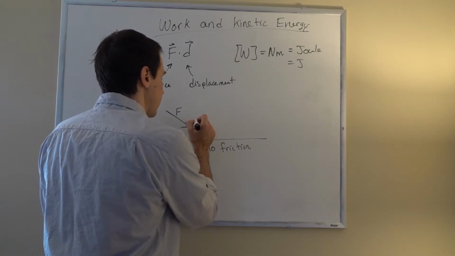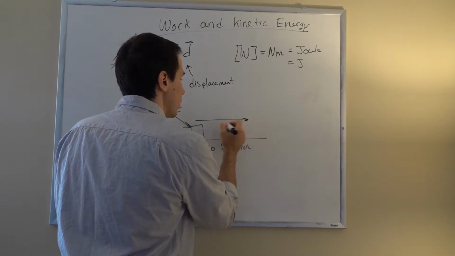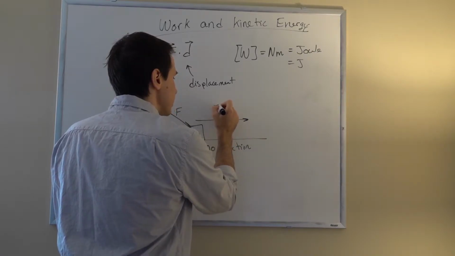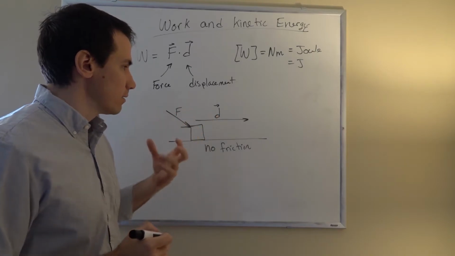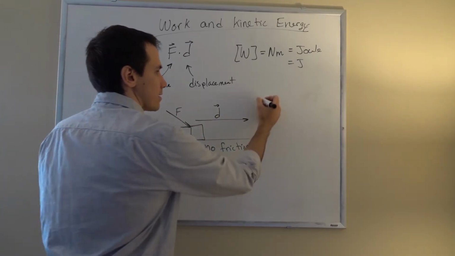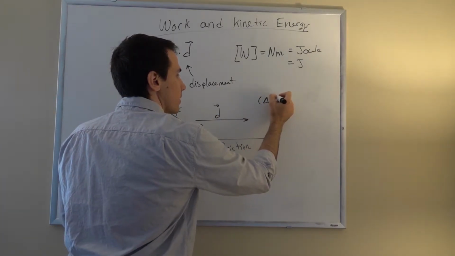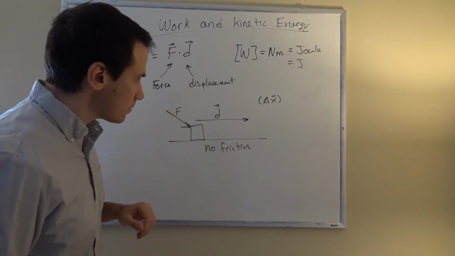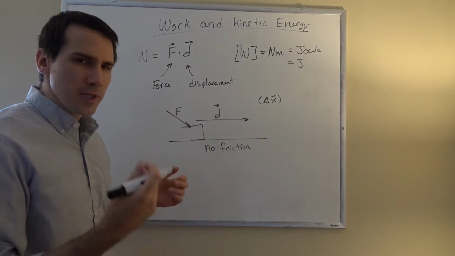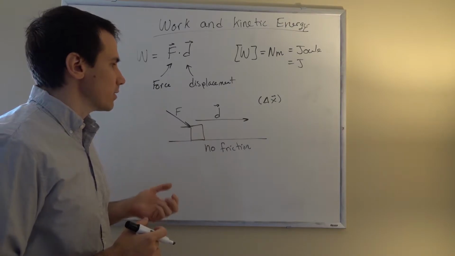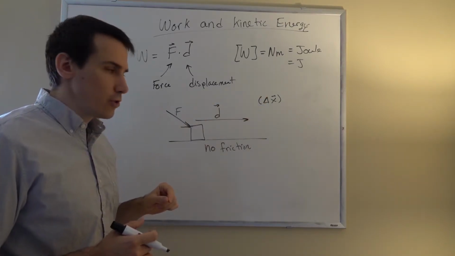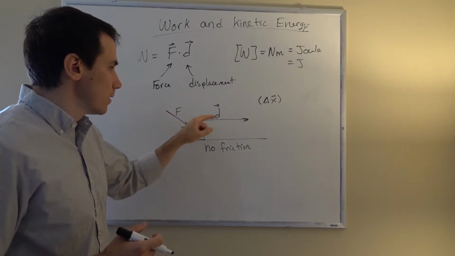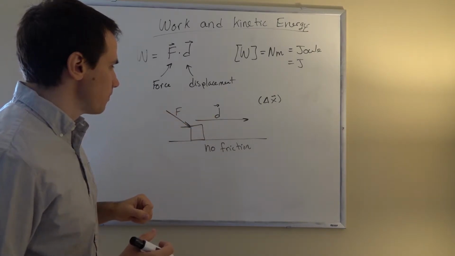So let's say that I push the box over some displacement d vector here. You could also write this as a delta x vector, the displacement vector, but traditionally for work, it's written as the d vector. So my box moves some distance to the right here, and I call that d vector.